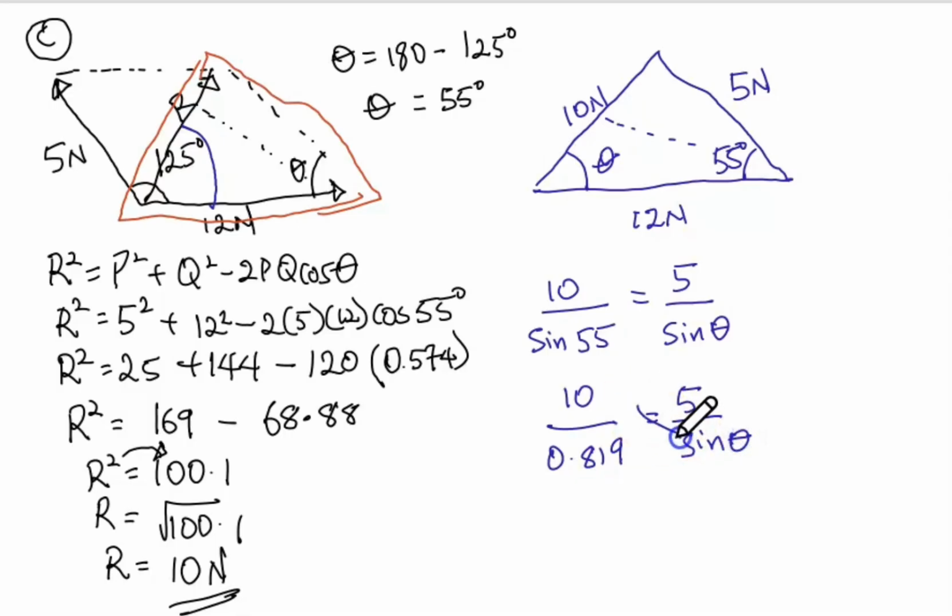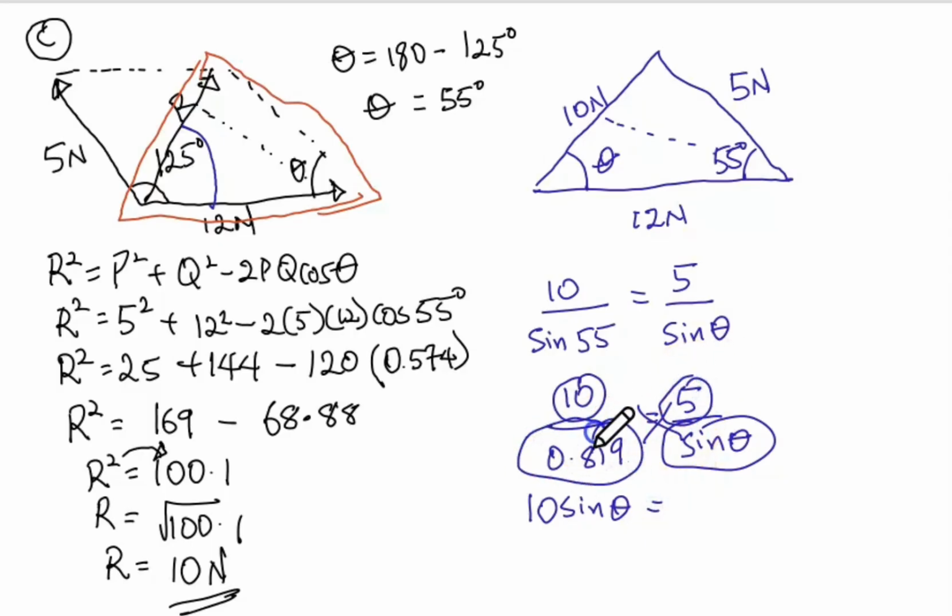From here, you cross multiply. So we are going to have 10 sine theta is equal to 5 times 0.819.